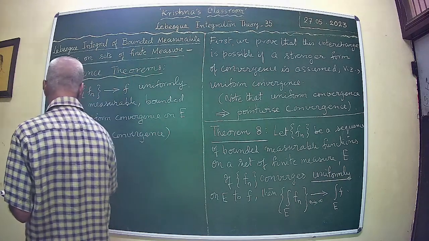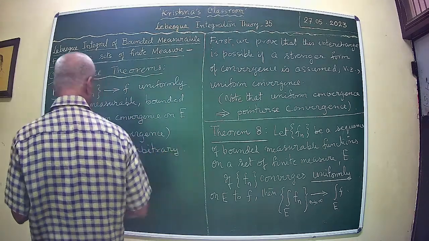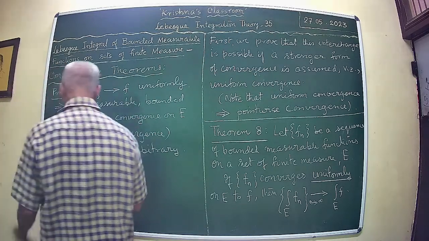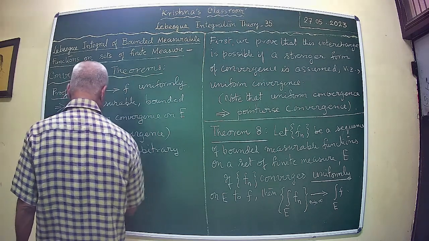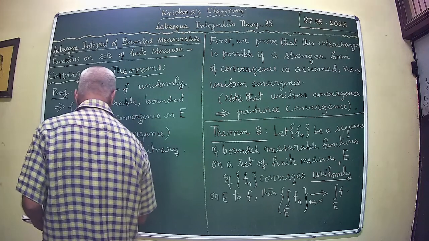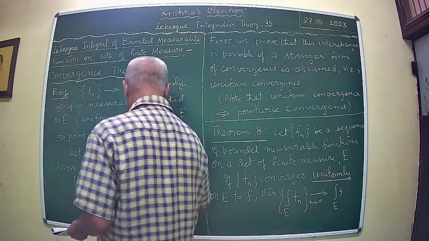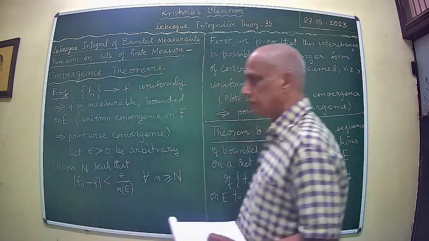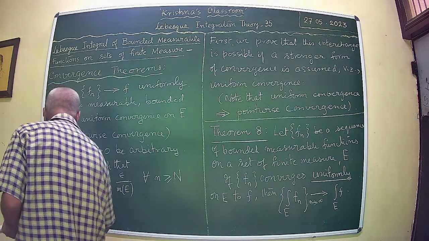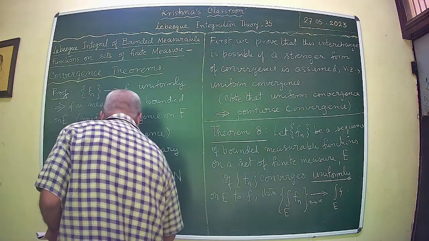Now let epsilon be positive arbitrary. Then choose n such that the measure of E times epsilon is small, for every x. Such an n exists. Okay? Such an n exists, on account of uniform convergence.